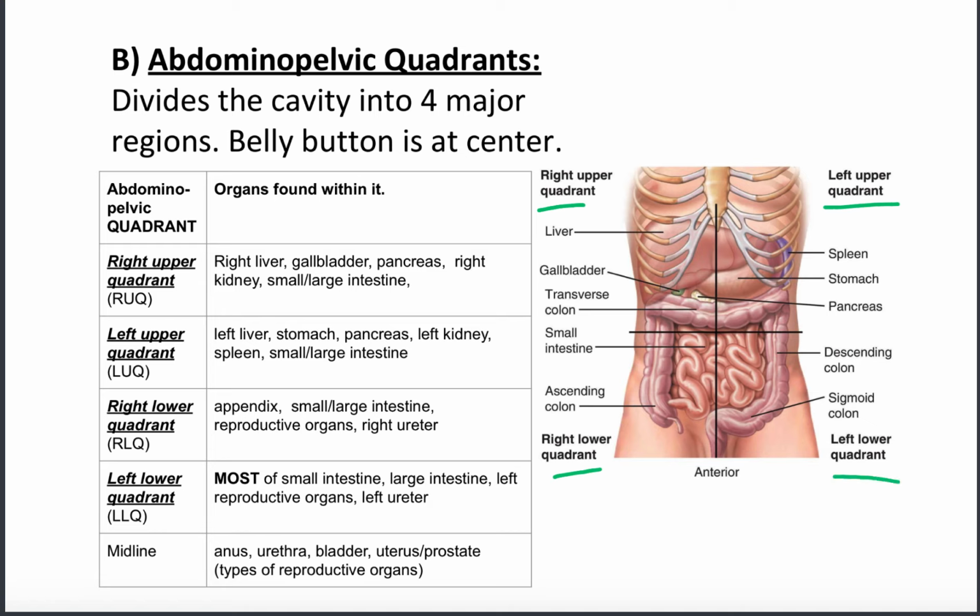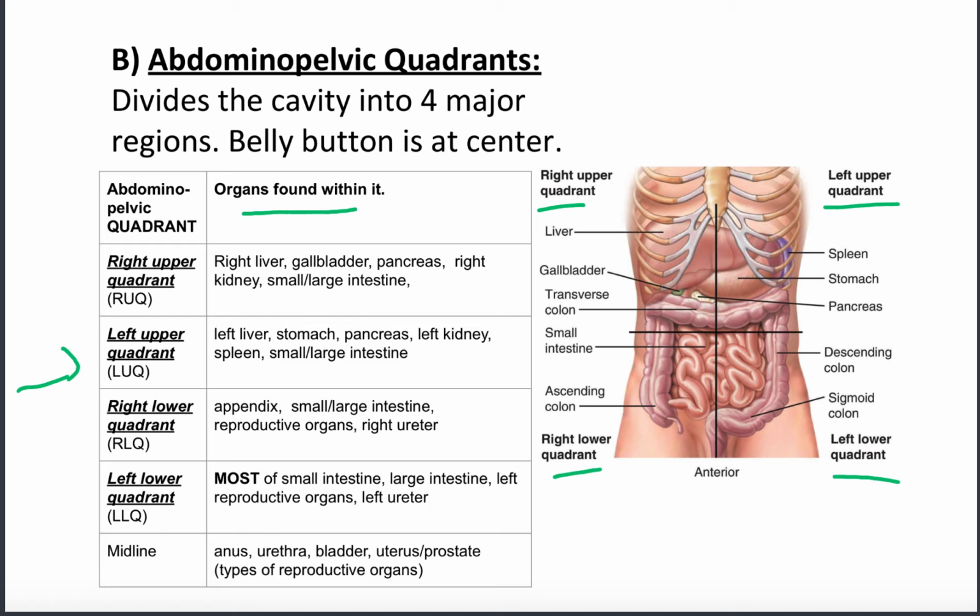So take a moment and copy this chart down. And then I want you to write down the organs that are associated with those regions. Okay? So, in terms of your class, most likely, unless it's specified by your teacher, what we're going to ask you to know is just where the regions are when given an image of a torso.